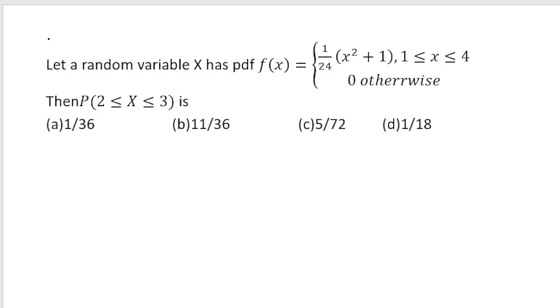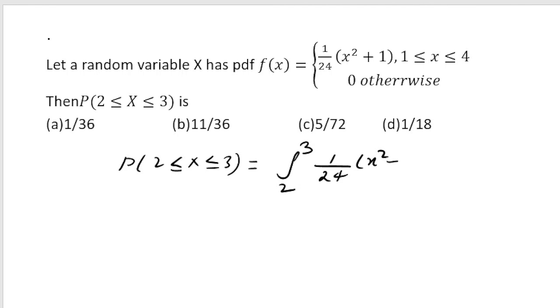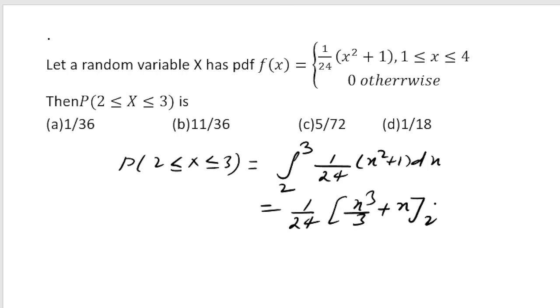Next, let a random variable x have the probability density function. So what is the probability that x takes the value between 2 and 3? So again here we know how to calculate the probability in case of a continuous random variable. We have to integrate it between 2 to 3, 1 by 24 x square plus 1 dx. So 1 by 24 is a constant. Integration of x square is x cube by 3 plus x, limit is 2 to 3.